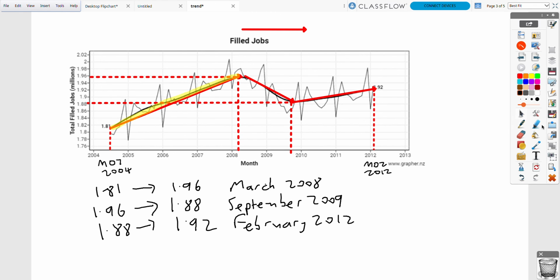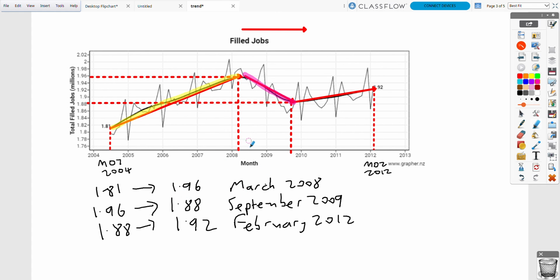For my decrease, the second piece of my trend line, I've got a decrease in trend. And we've discussed this in class, what happened in early 2008. There was a world recession when Lehman Brothers crashed. So if I was going for higher grading, I'd explain what happened there and what could have caused this decrease in my trend between these two times, and I could work out the difference.